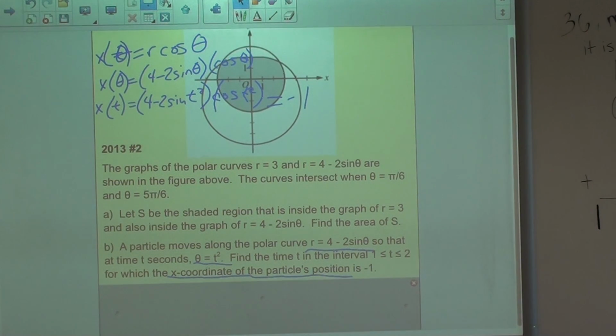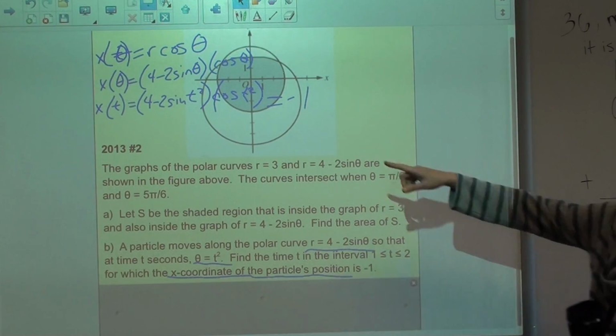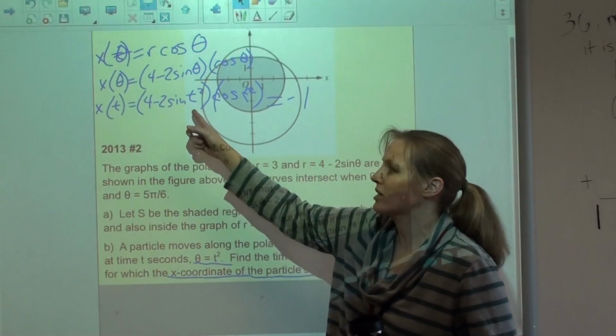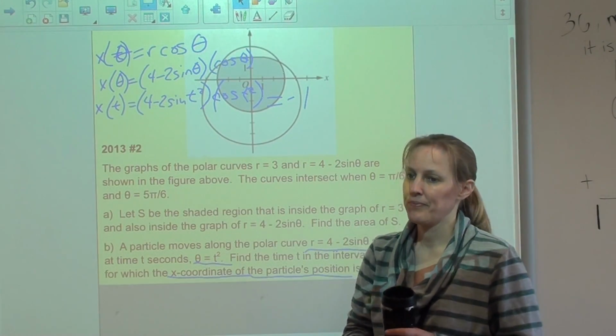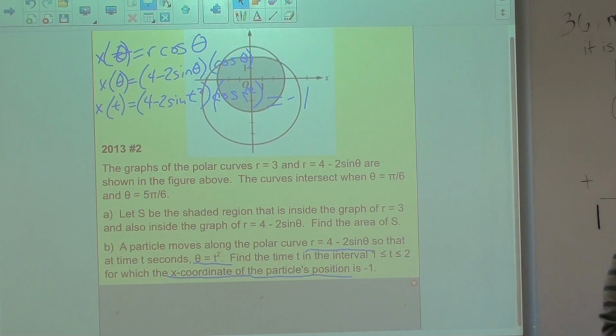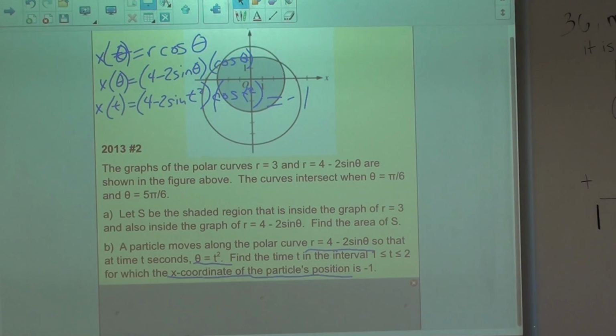We have to find the P. Yes, this is your x of t, the x component of your position function. You said you were going to do a couple and then I do one by myself and it would be done. I was like, wow, that seems really quick. This isn't going very quickly.